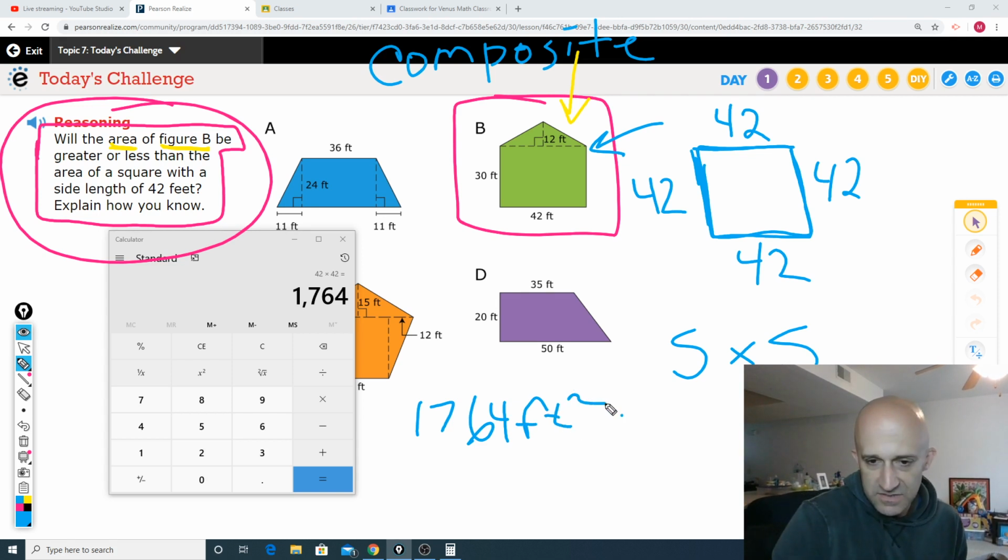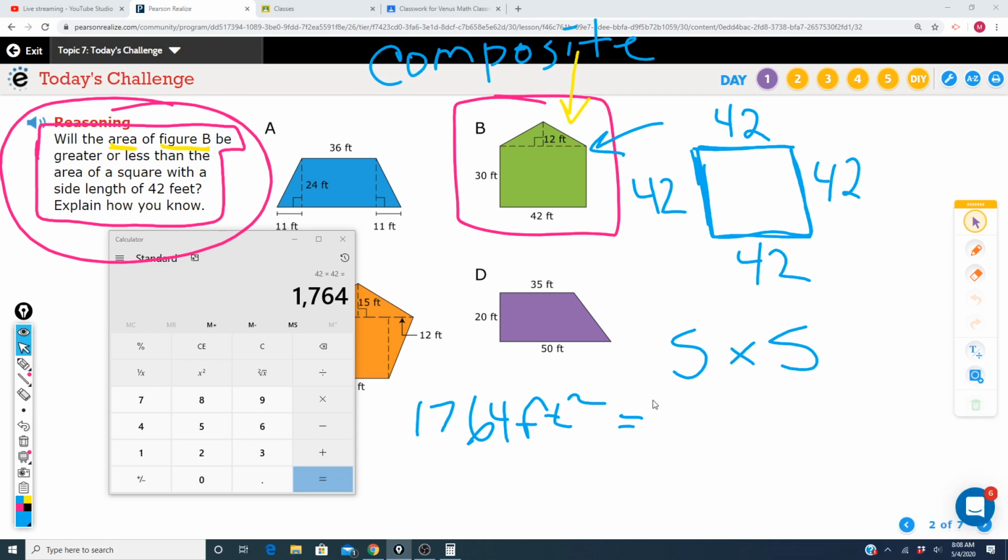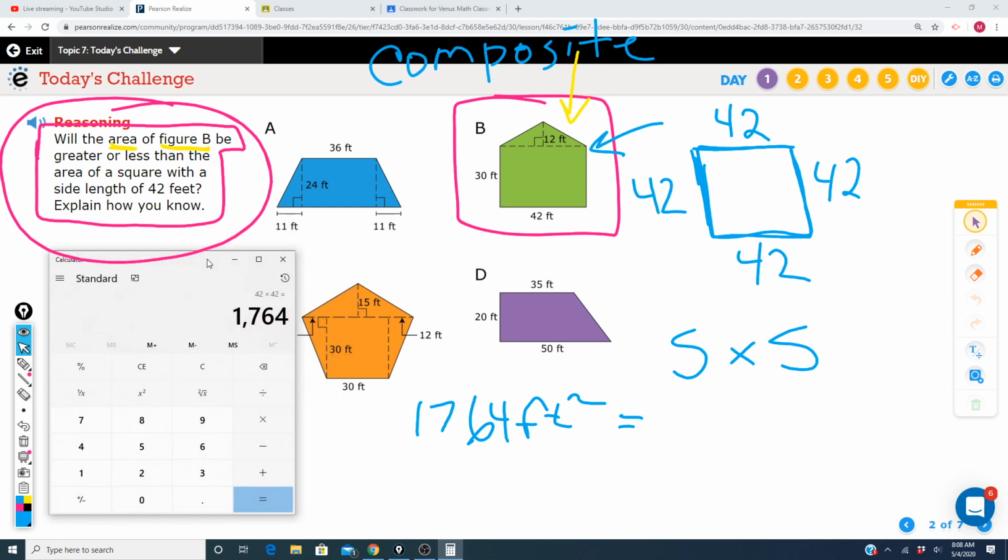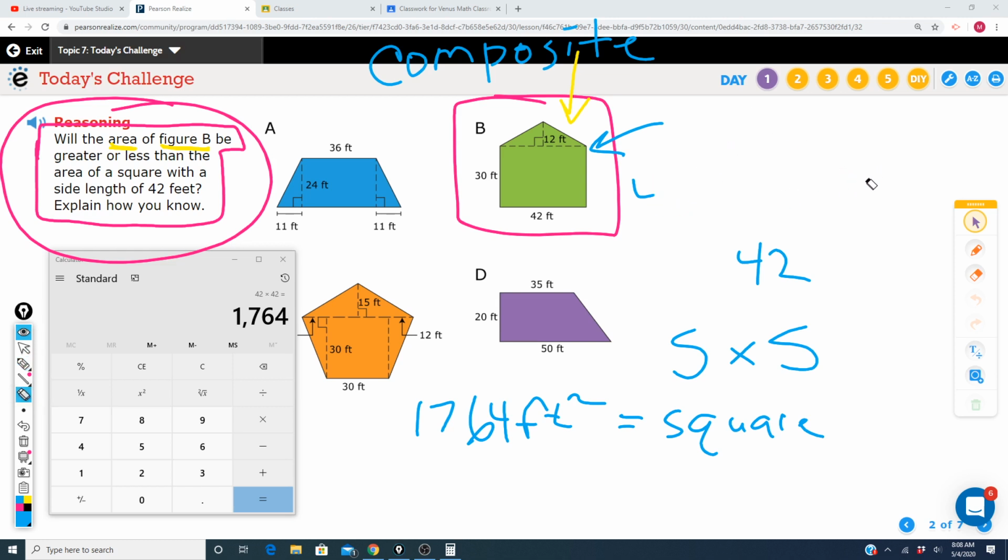Okay, so this is going to be, and I'm going to take myself off the screen so I'm not covering this, 1,764 feet squared. And again, that is going to be the square here. So that's the square. All right. I'm going to take this off here.